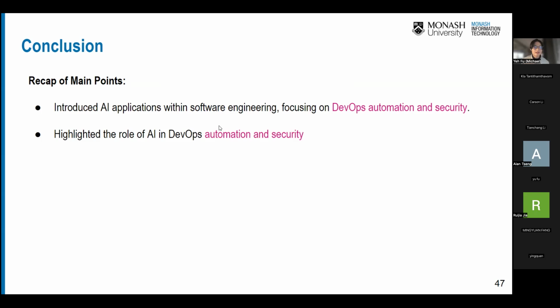So the role of AI would be that they can actually automate some simple code generation tasks. Also, the test case generation, it is basically trying to help humans with some repetitive jobs for a software engineer.